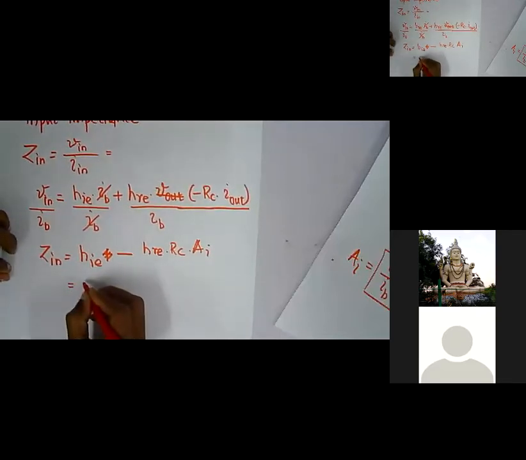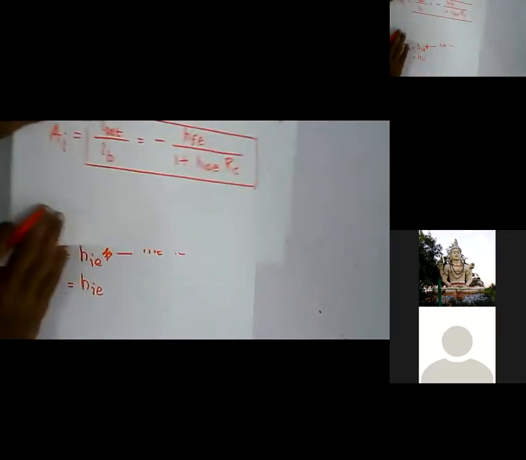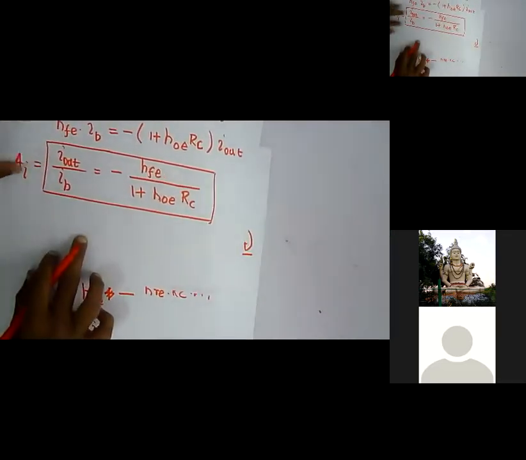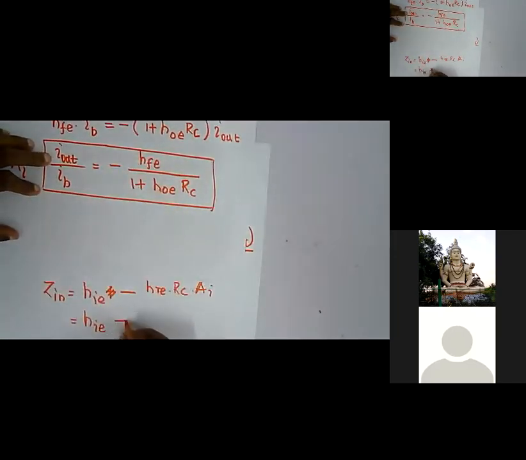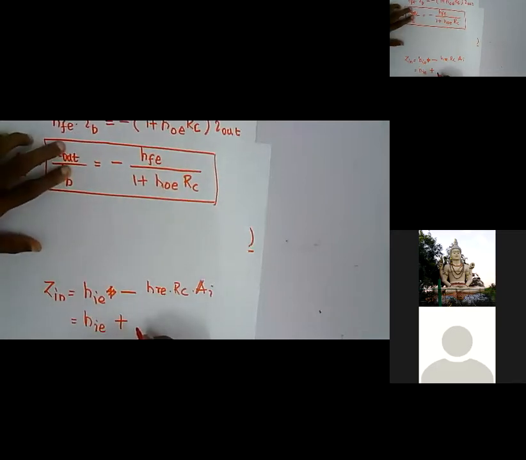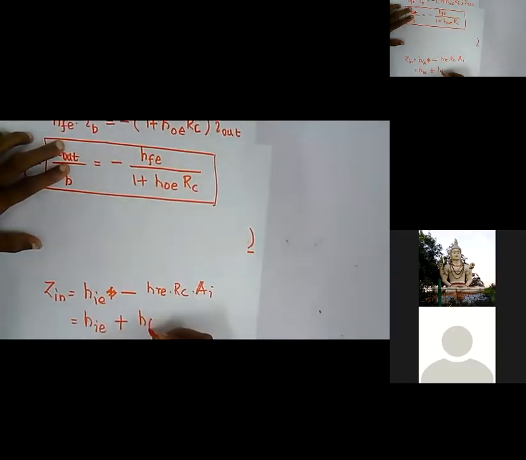So I can rewrite this as HIE, and from the equation, minus into minus becomes plus. Then I can simply substitute HFE, HRE, RC divided by 1 plus HOE RC.